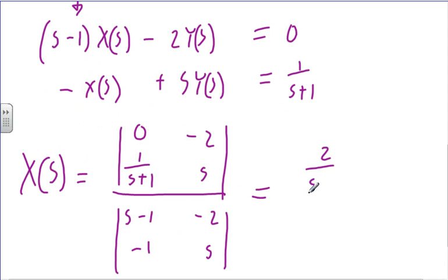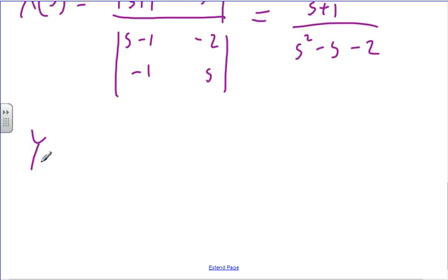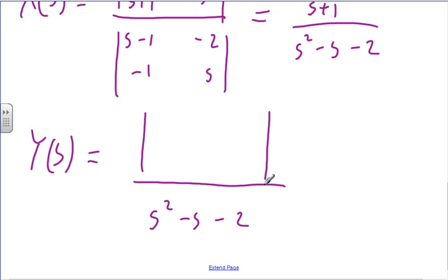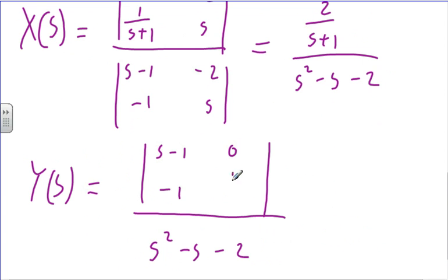So I have 2 over s plus 1 divided by s squared minus s minus 2. Is that what I have? Yes, I do. Now I'm going to write down y of s while it's close. On the bottom I have s squared minus s minus 2 because that's not going to change. And on the top I have s minus 1, 0, 1 over s plus 1.